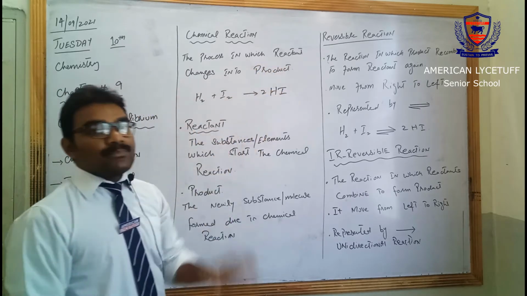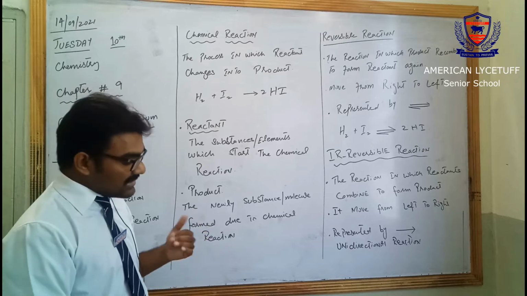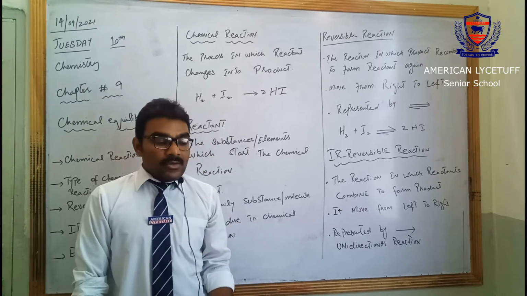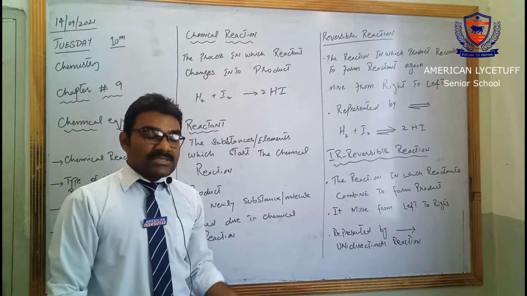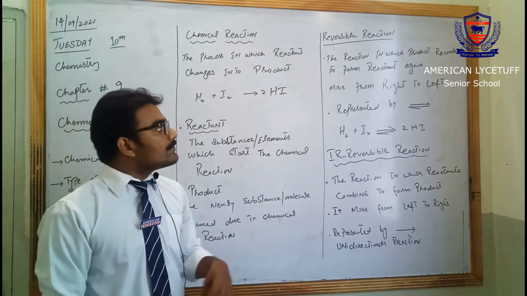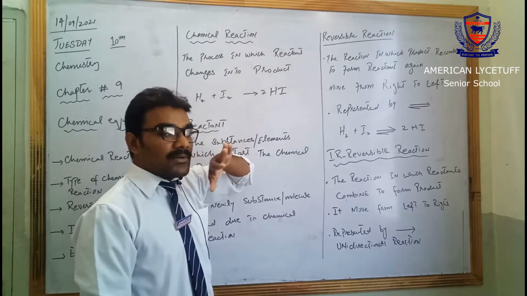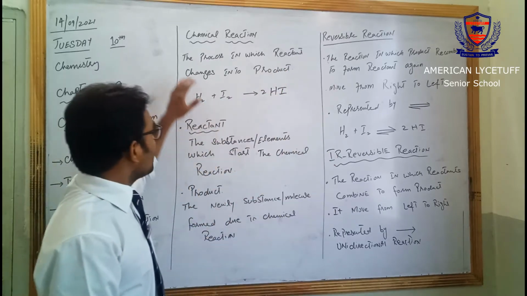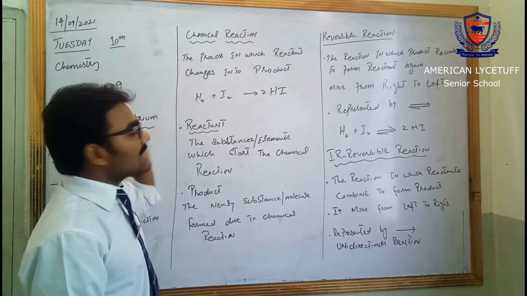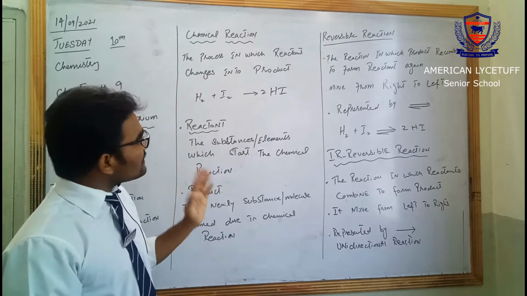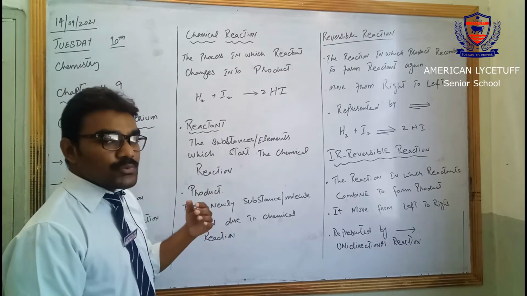These two words are very important in chemistry because in class 10 we will deal with a lot of chemical reactions in chapter number 10 and so on. So, we have to know about the reactant and the term product. So, what is a chemical reaction? A chemical reaction is a process in which reactant changes into product.